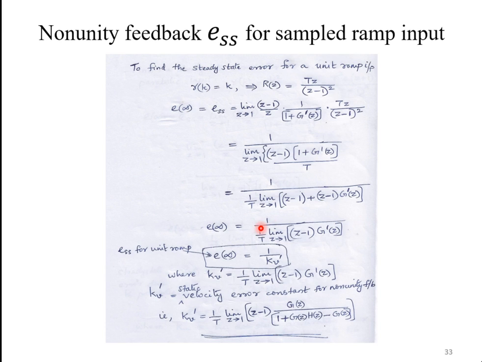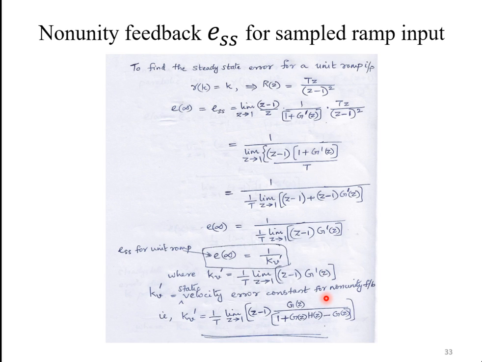So here E infinity, that is the steady state error, is equal to 1 over 1 by T limit z tends to 1 of z minus 1 times g dash z. The first term has gone because it has no multiplication factor, but here it is multiplied with g dash z, which depends on the system, and that g dash z you are finding as gz by 1 plus gz hz minus gz.